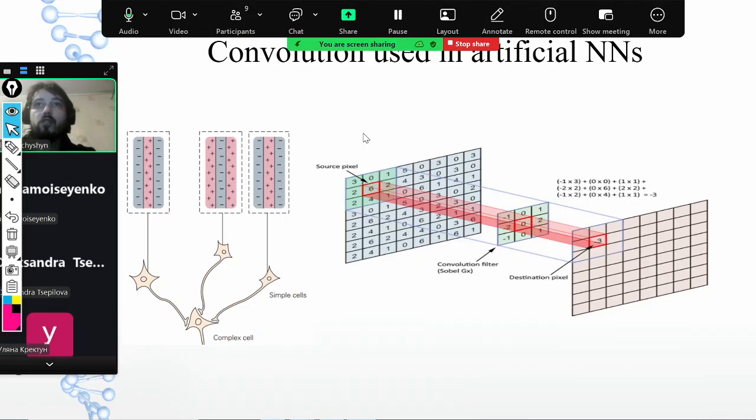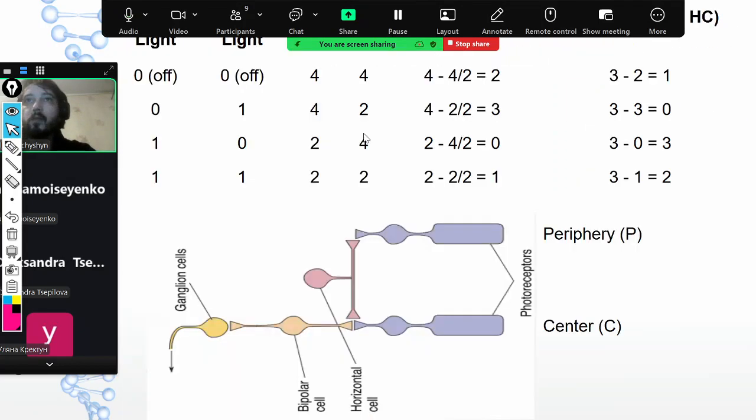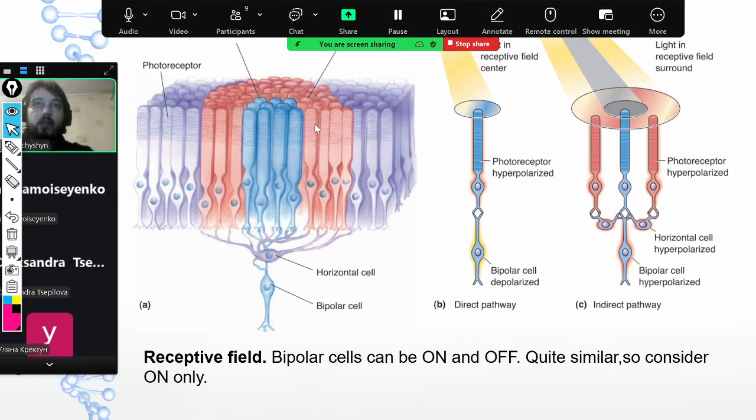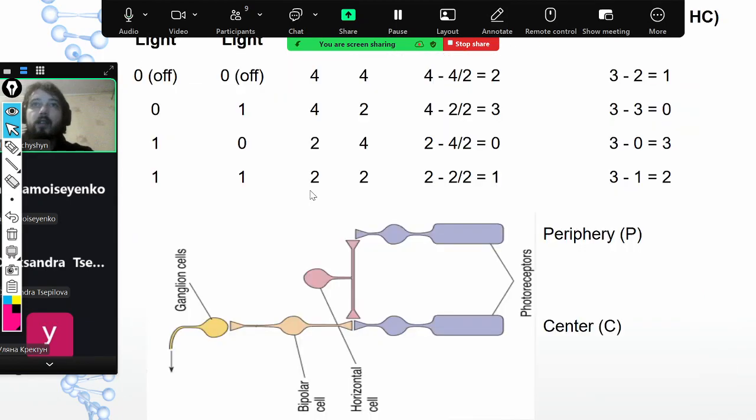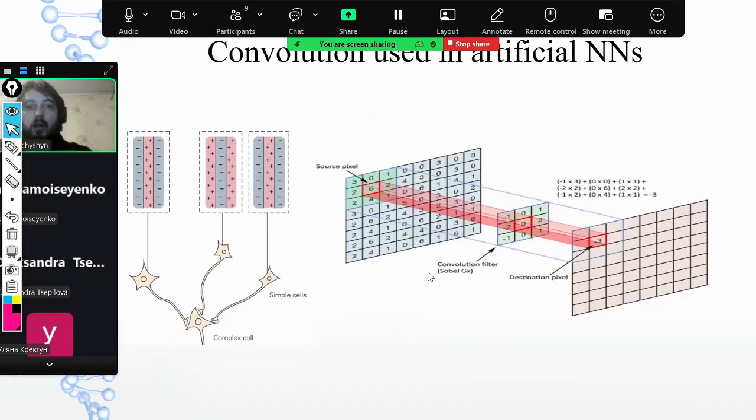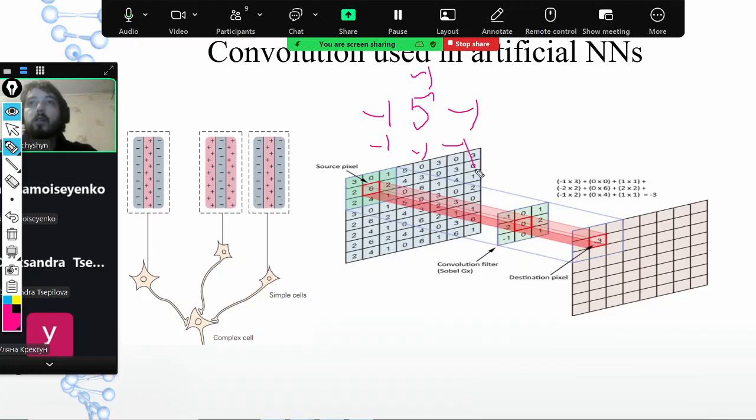So for the receptive field I have shown you, you can think of it like you have taken a kernel that has some positive number in the center, let's say 5, and some negative numbers on the periphery like -1, -1, -1, and so on. This will be pretty similar to what is calculated in our retina, if we can call it that. So this operation in artificial neural networks, in some sense, mimics these receptive fields that we have in our retina.